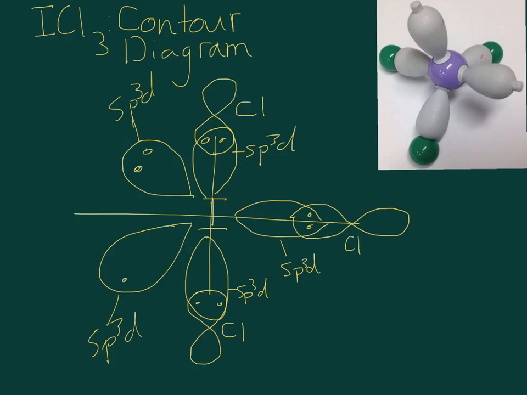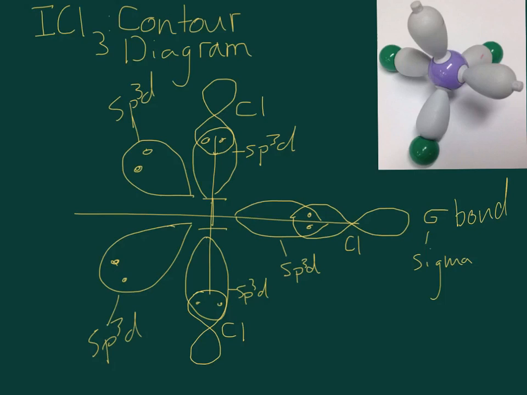One pair, two pairs. These are all sigma bonds. The symbol for sigma is this.